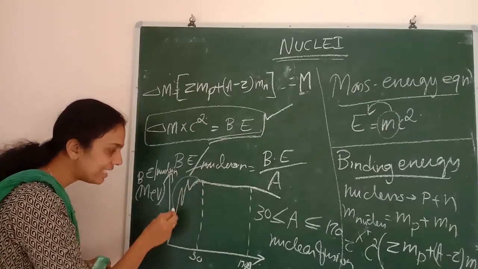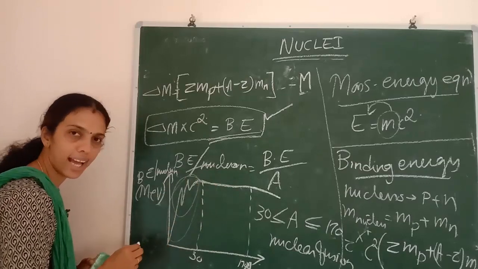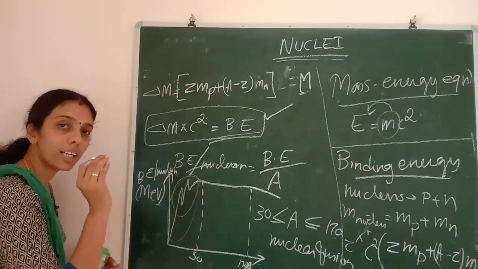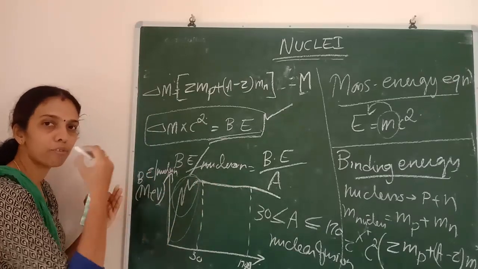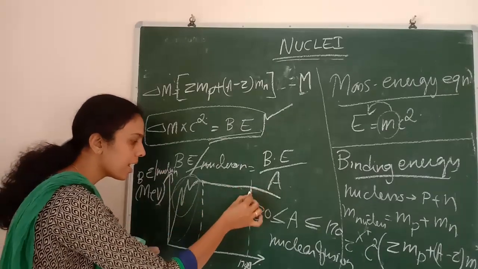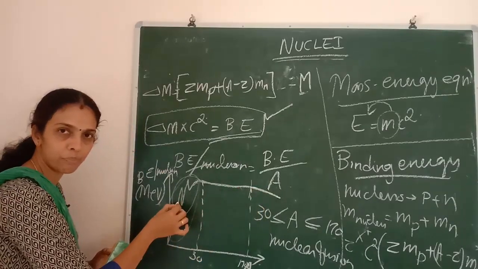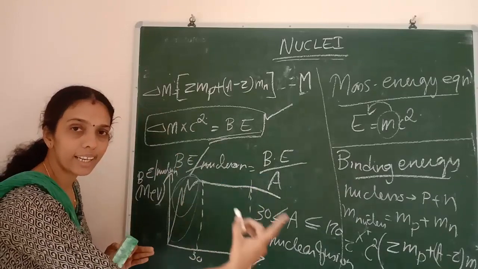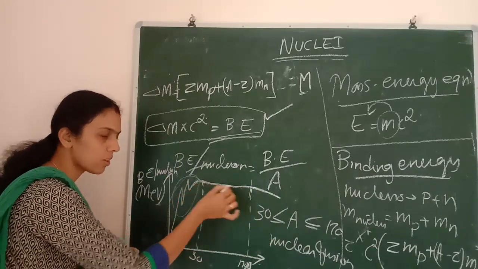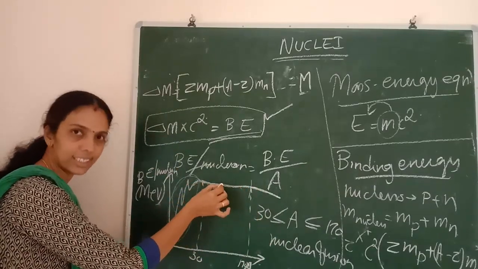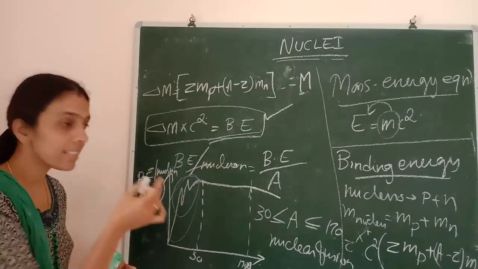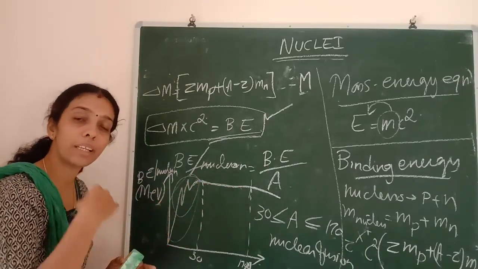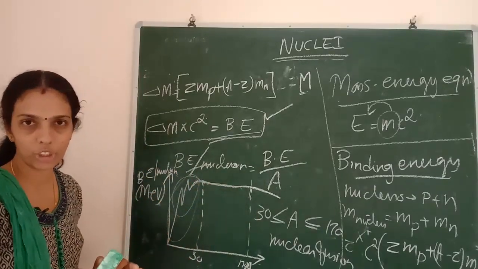So if these smaller atoms combine and form a heavier nucleus below this 170, it will release a greater amount of energy, because it has a larger binding energy.